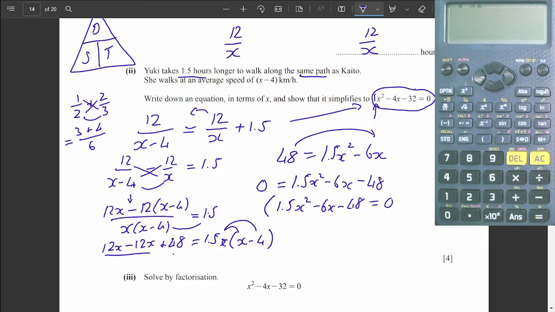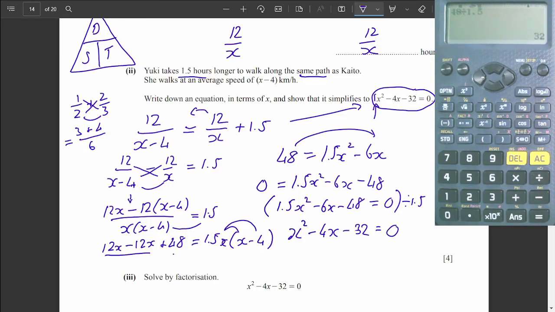If we divide everything by 1.5, which we can do, this 1.5x squared would just be x squared. What is 6 divided by 1.5? Yeah, that is 4. And what is 48 divided by 1.5? That is 32. And we've got what they wanted.